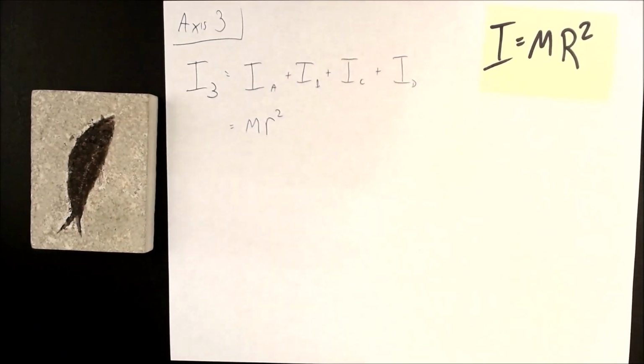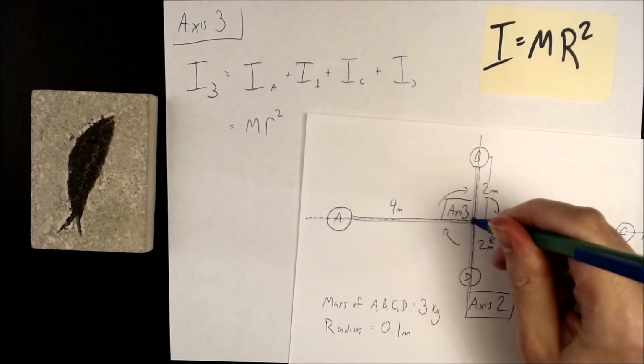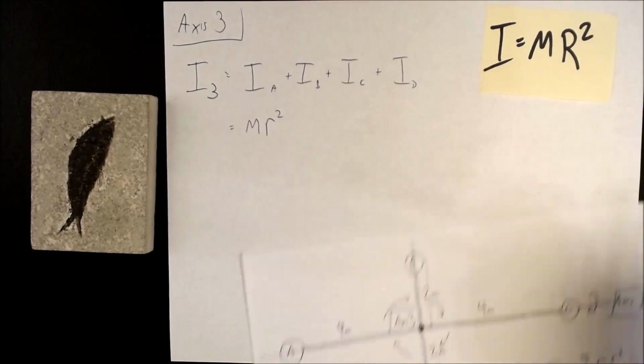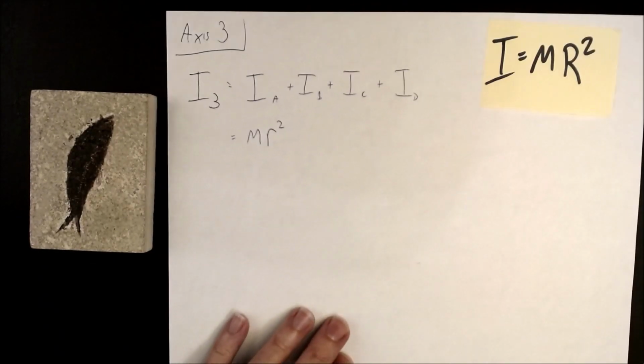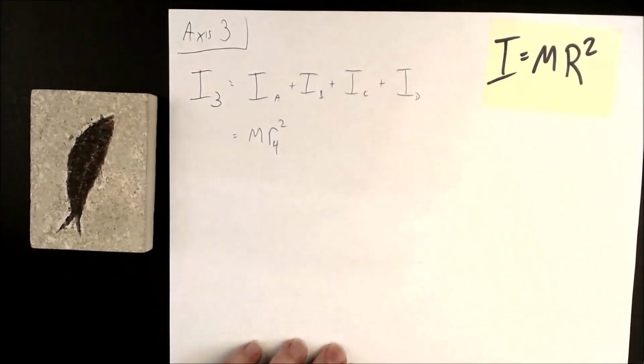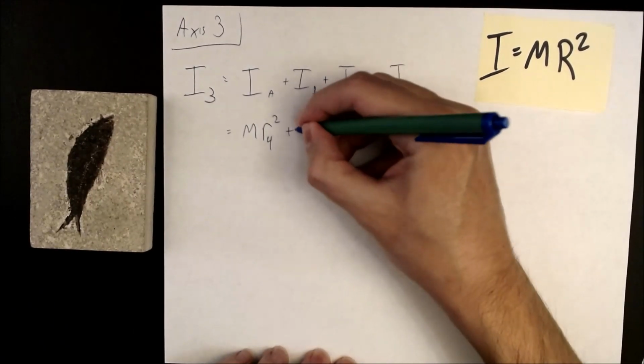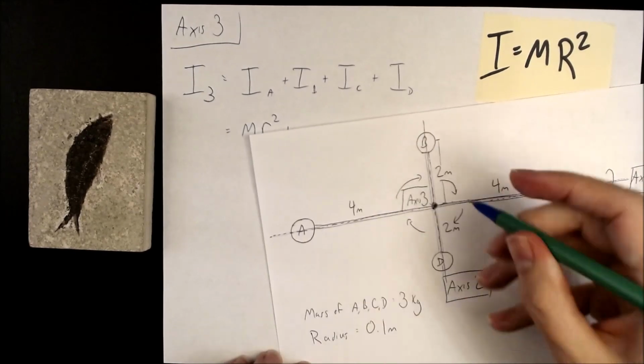Which r is this? That r is the distance to the center of rotation, 4 meters. So I can write that to remind myself that that's going to be 4 meters, plus the moment of inertia of B, same story.